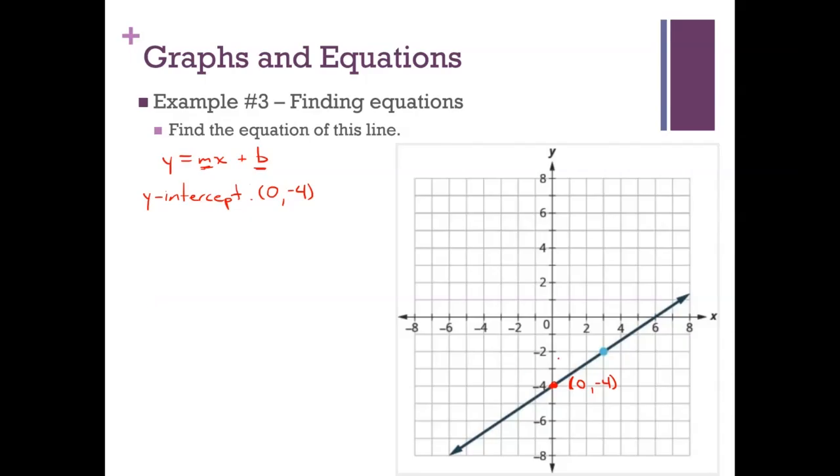Can we find the slope of this? Slope is going to be delta y over delta x, so change in y over change in x. How do we find those changes?